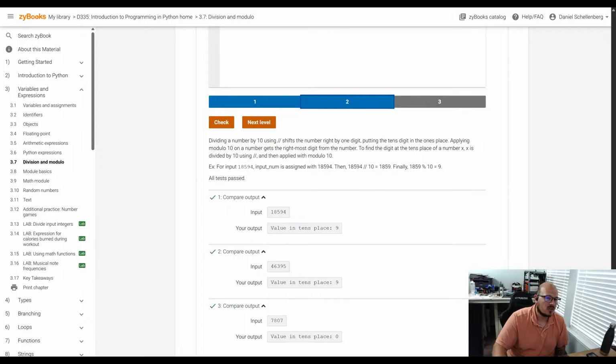1859.4. So we'll take the numbers to the left, 1859, and that will give us 1859.